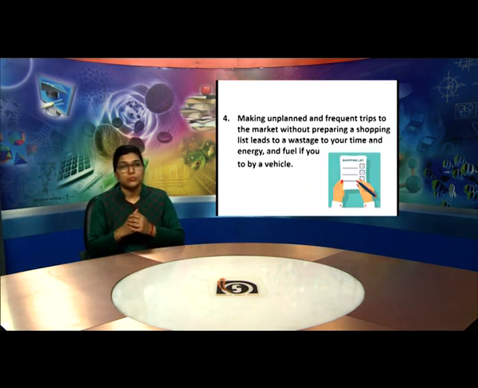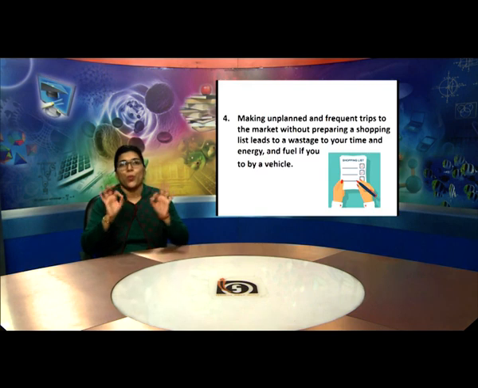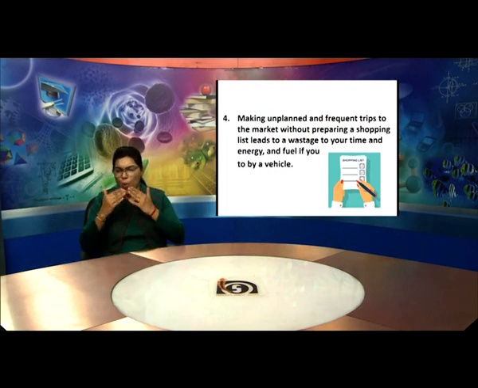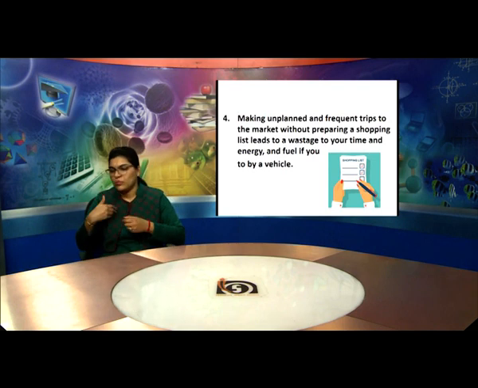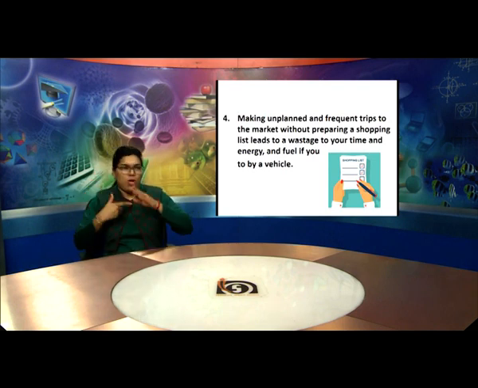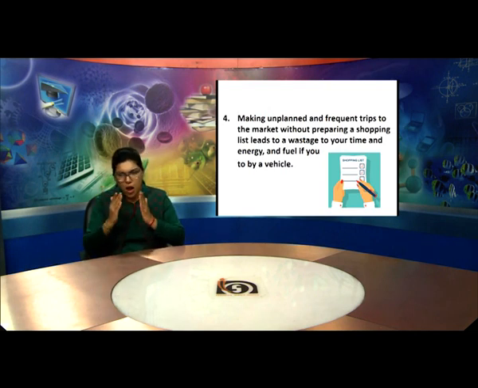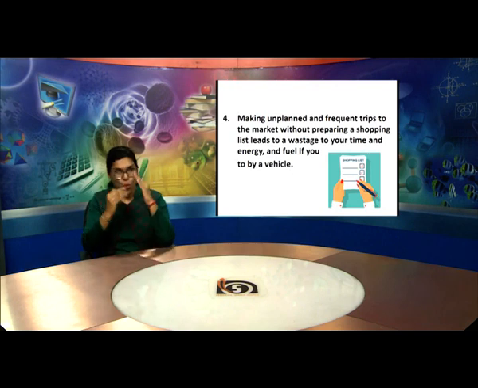The fourth point explains that making unplanned and frequent trips to the market without preparing a shopping list leads to the wastage of your time and energy, and also fuel if you have to go there by vehicle.